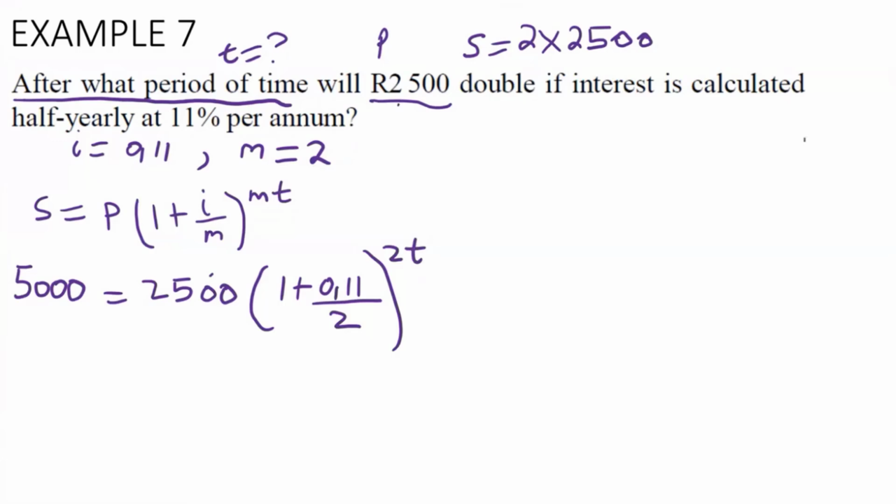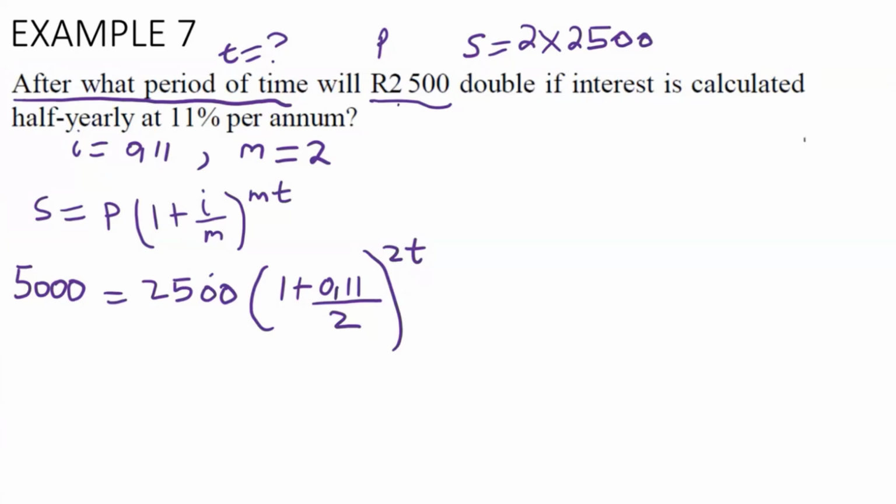Okay, so we can simplify everything here and say 5,000 divided by 2,500. That should be 2. Is that 2? It's 2.